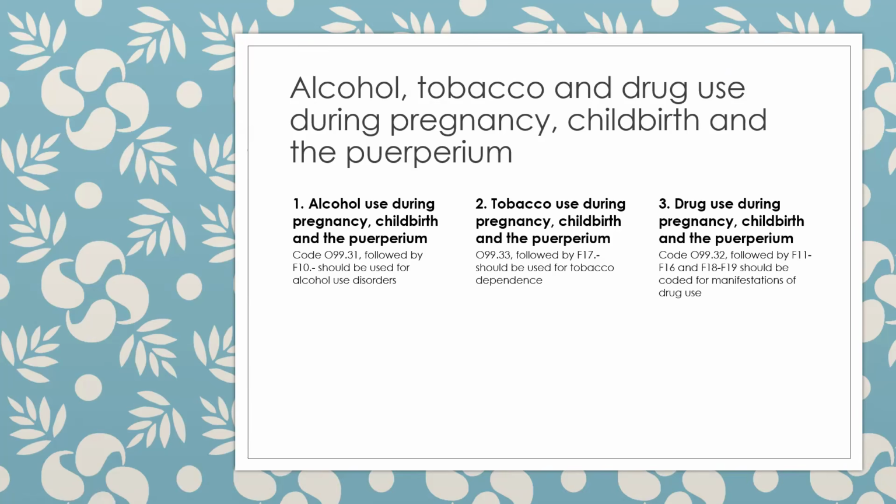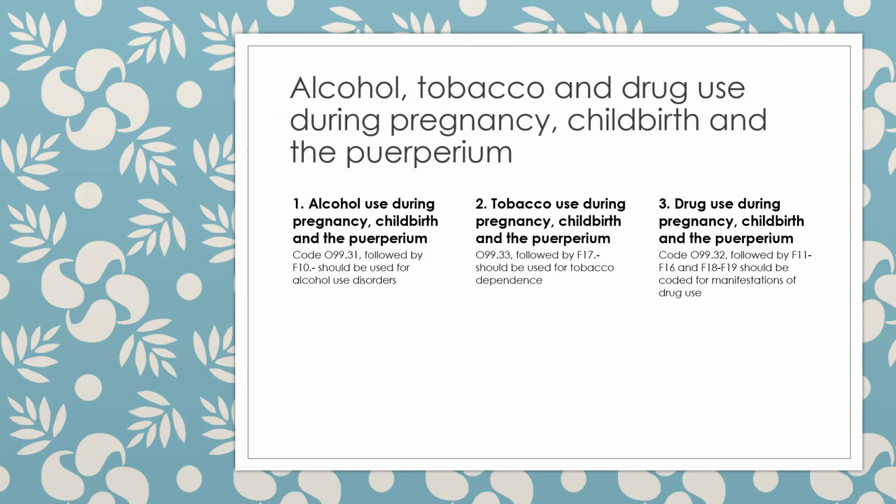Codes under subcategory O99.31, alcohol use complicating pregnancy, childbirth, and the puerperium, should be assigned for any pregnancy case when a patient uses alcohol during the pregnancy or postpartum. A secondary code from category F10 for alcohol-related disorders should also be assigned to identify manifestations of the alcohol use.